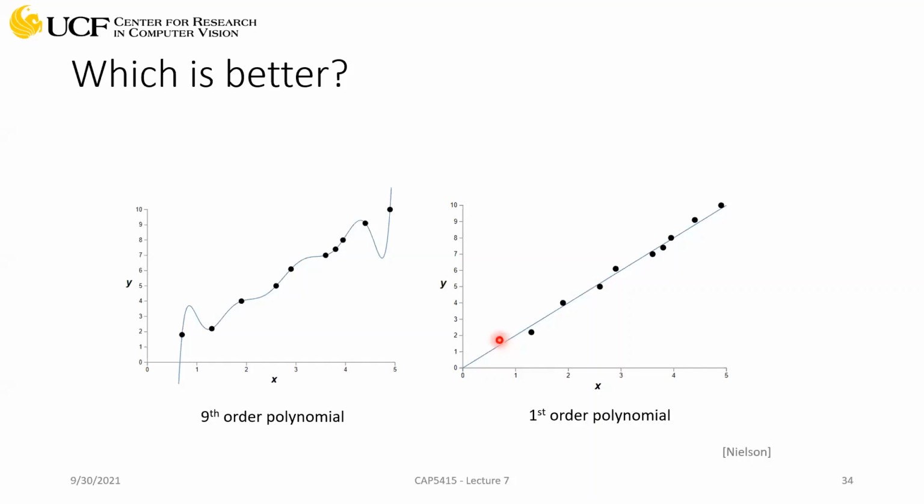There is a distance between this point and the curve, so that distance will be accumulated as a loss. If you look carefully at all the points, they lead to a smaller amount of loss value. The loss will not be huge, but it will not be exactly zero. So this is the second fitting.